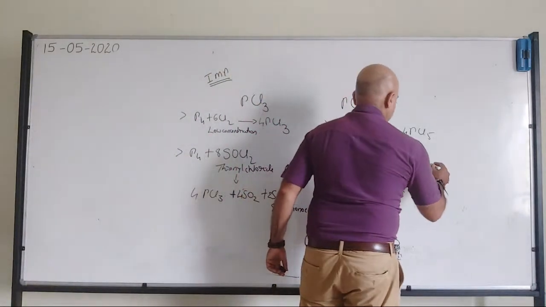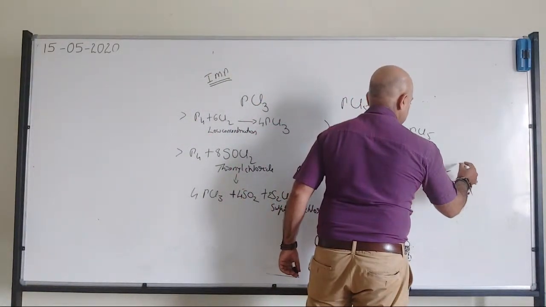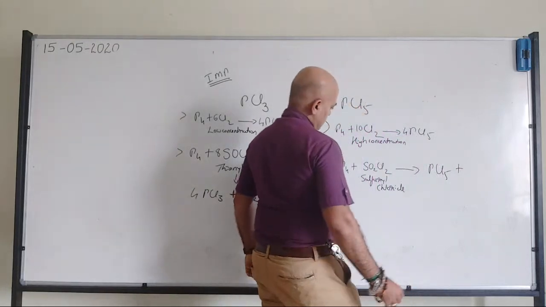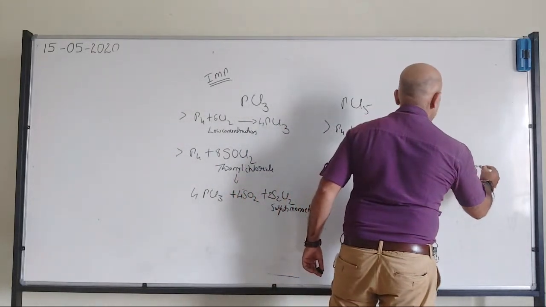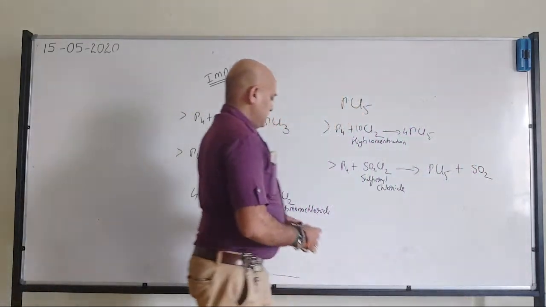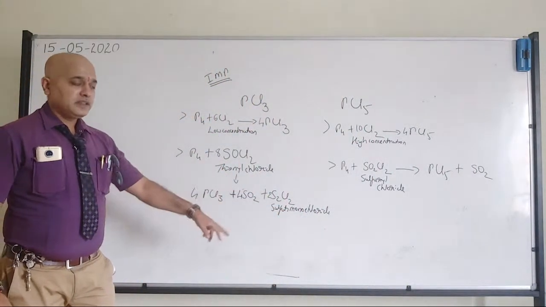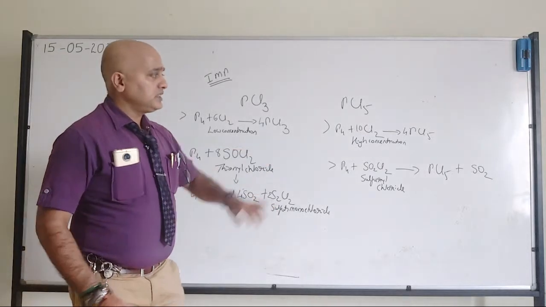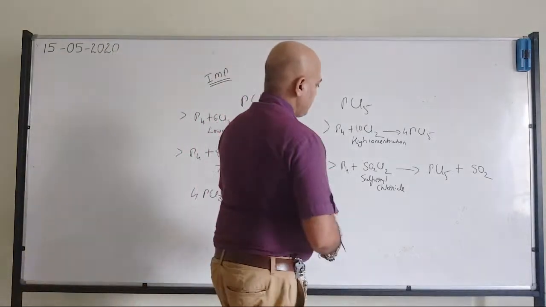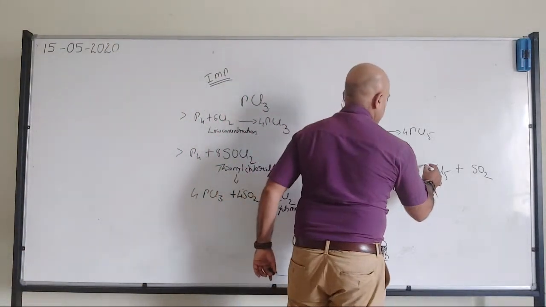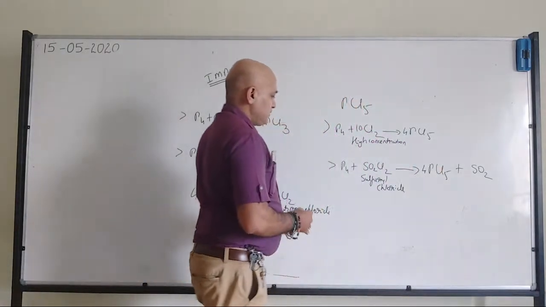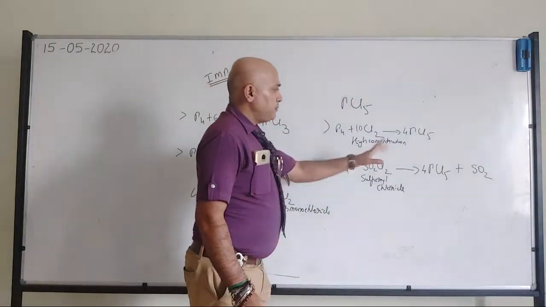So now you are going to get one of the products as PCl5, and another product should be as usual SO2, and no other products like in here. S2Cl2 is there, right? No other product. So balance the equation. First, straight away make it 4 PCl5 to make P equal.